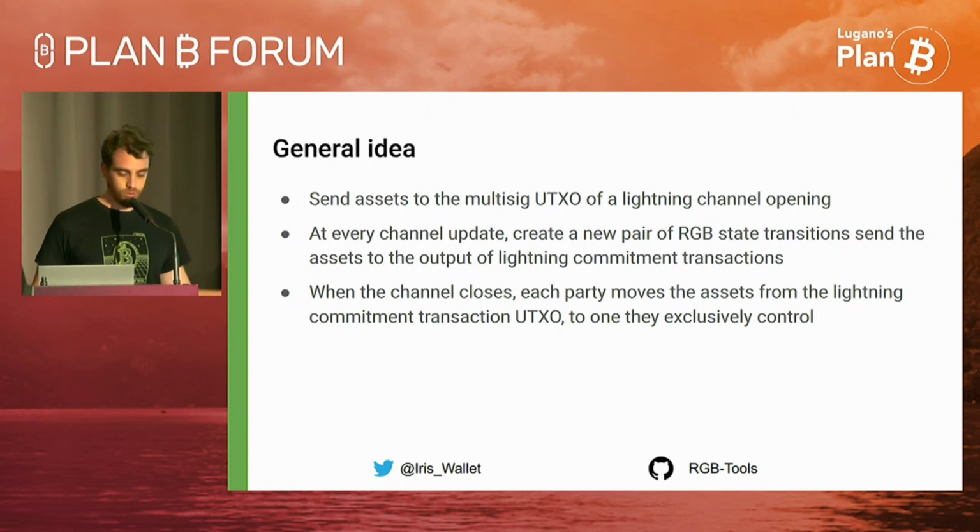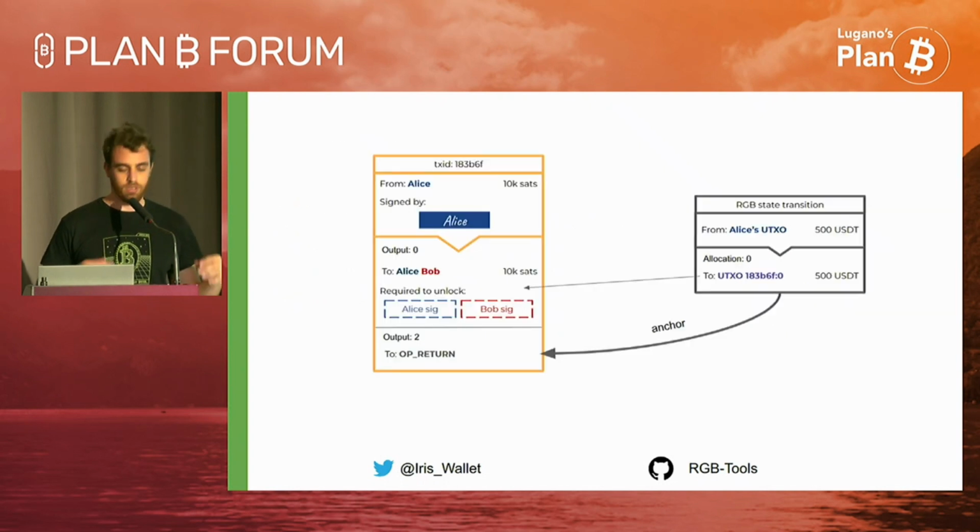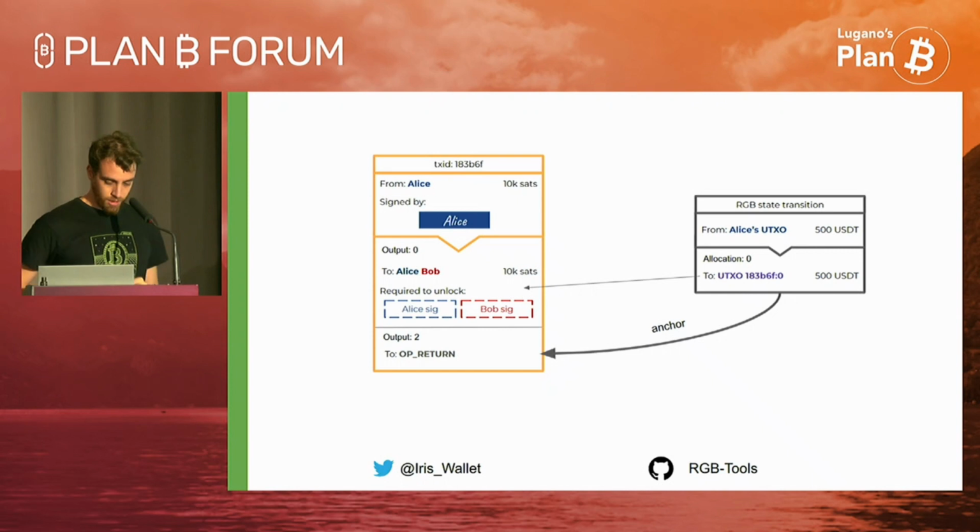Maybe it's a bit hard to understand like this, so let's see how it works in more detail. This part here is a normal channel opening, how it works in Bitcoin without introducing RGB. When we introduce RGB, we create a state transition that moves assets that were allocated to the input UTXO that we are using for the channel opening.